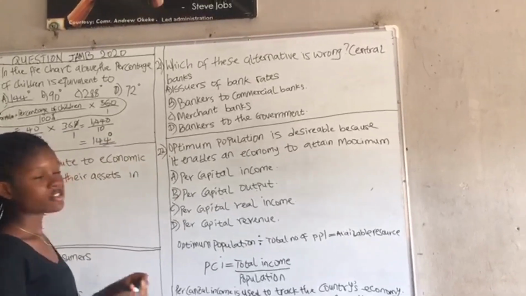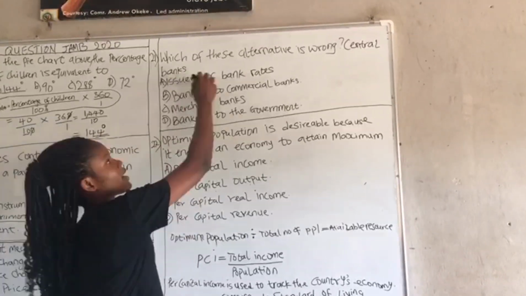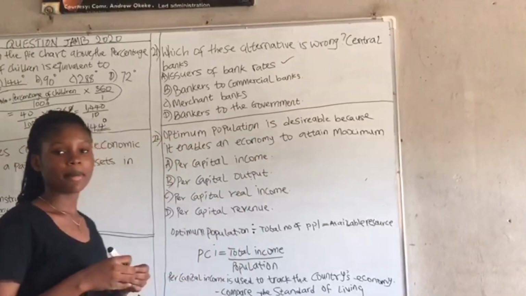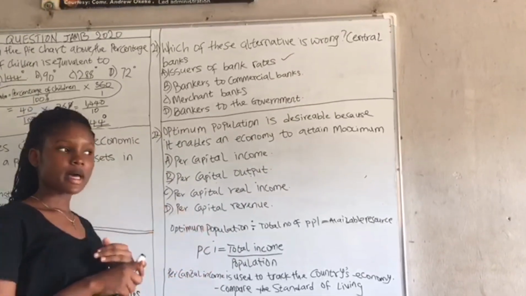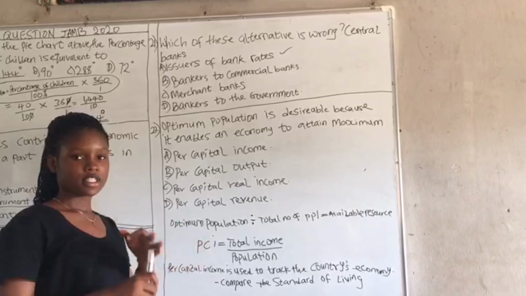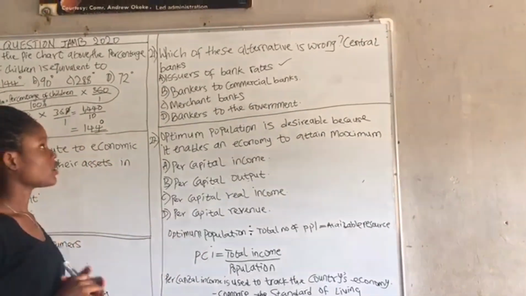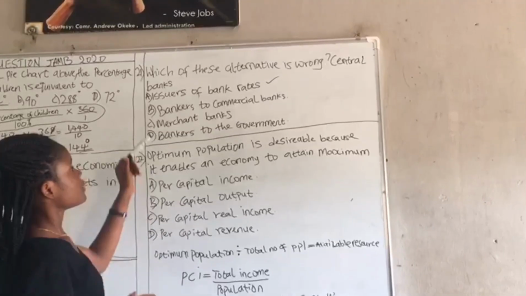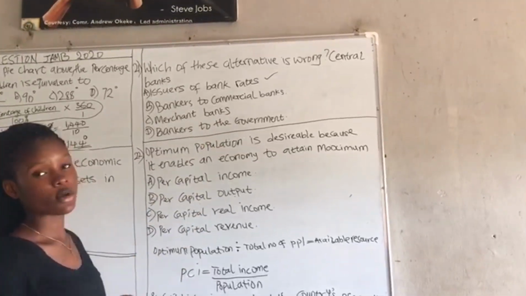First of all, the central bank issues bank rates. The central bank issues bank rates to other banks in the country, like the commercial bank, the merchant bank, the mortgage bank, and every other bank in the country. So this one is right about the central bank. B, bankers to commercial banks.